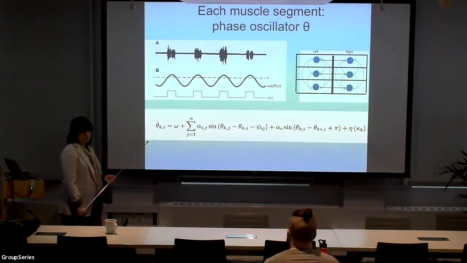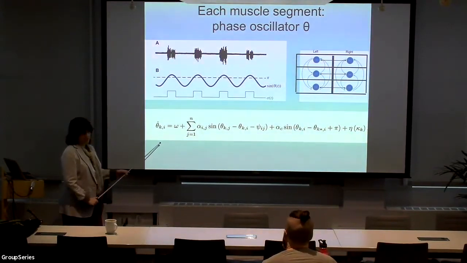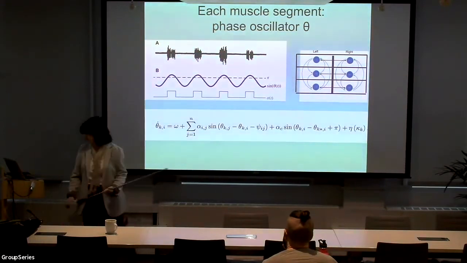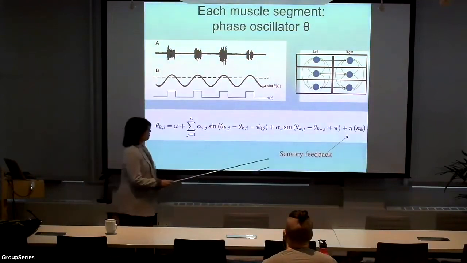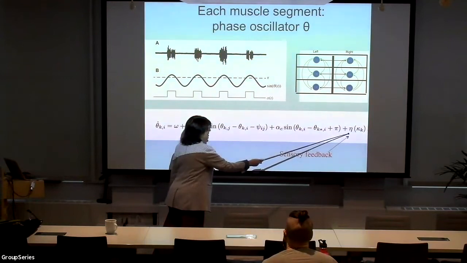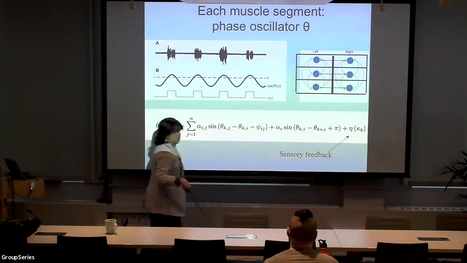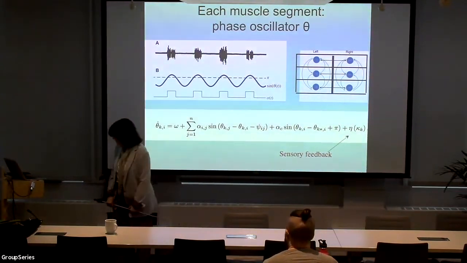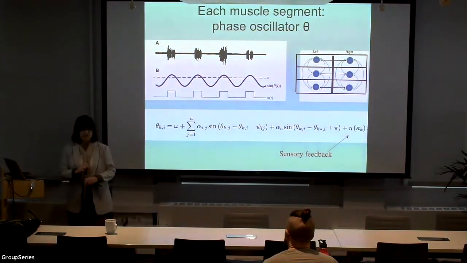Well, what we're doing instead in this coupled oscillator system is having some sensory feedback, in that we're either going to speed up or slow down our clocks based upon probing the emerging curvature at that segment.